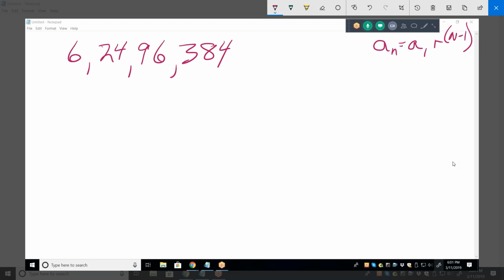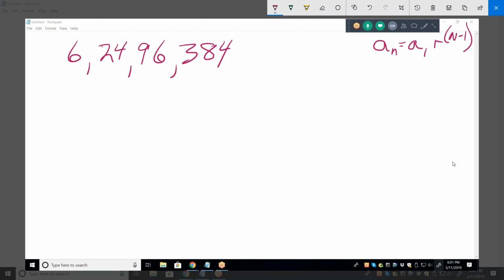Now, if that violates the rule for a geometric sequence, even by one number, then it is not a geometric sequence. In other words, if I make that be 383, then that's not a geometric sequence. Geometric sequence has to have that common multiplier between every term.